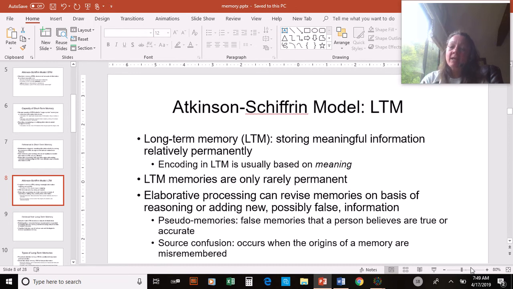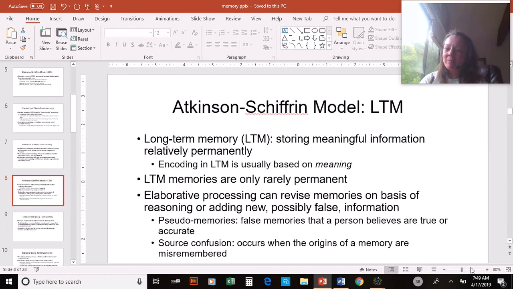You also have false memories that come in the form of source confusion, and that's maybe where the origins of a memory are just misremembered. Say, in history class, the first two presidents, George Washington and John Adams, and maybe you get them confused, and you think John Adams was the first president of the United States.